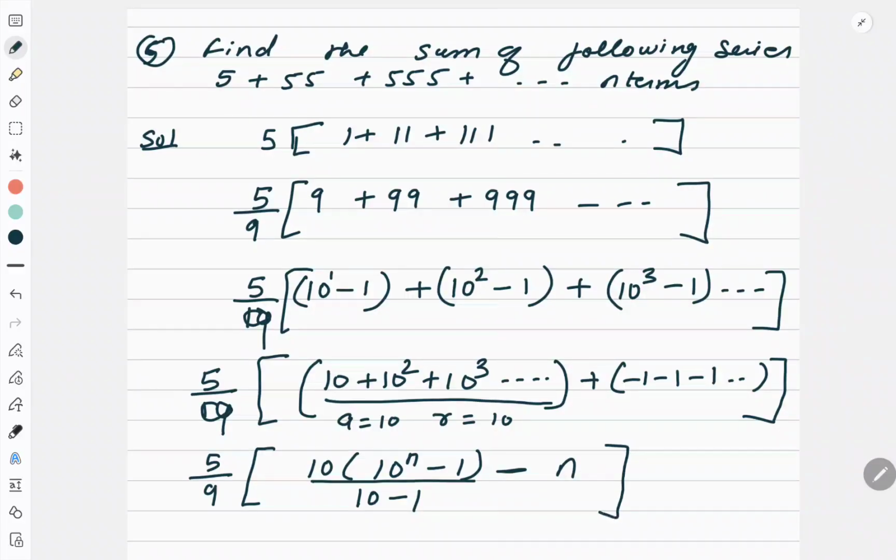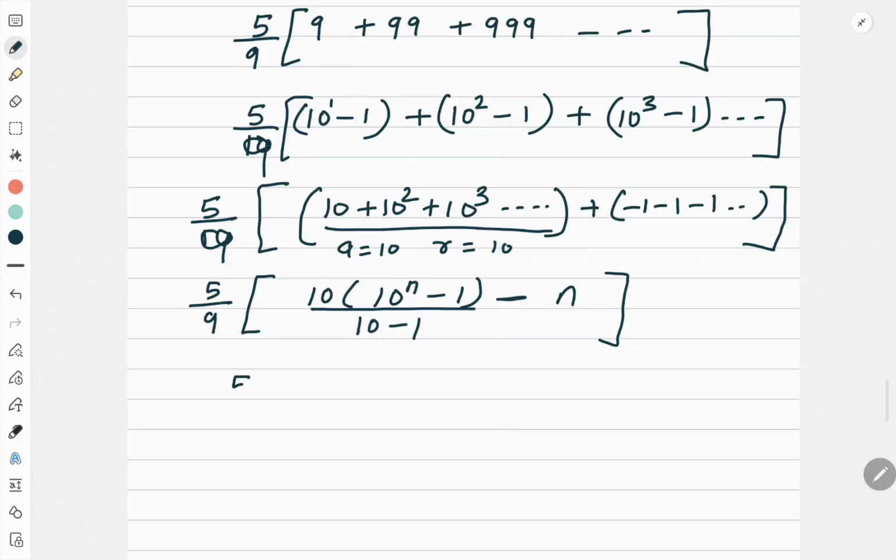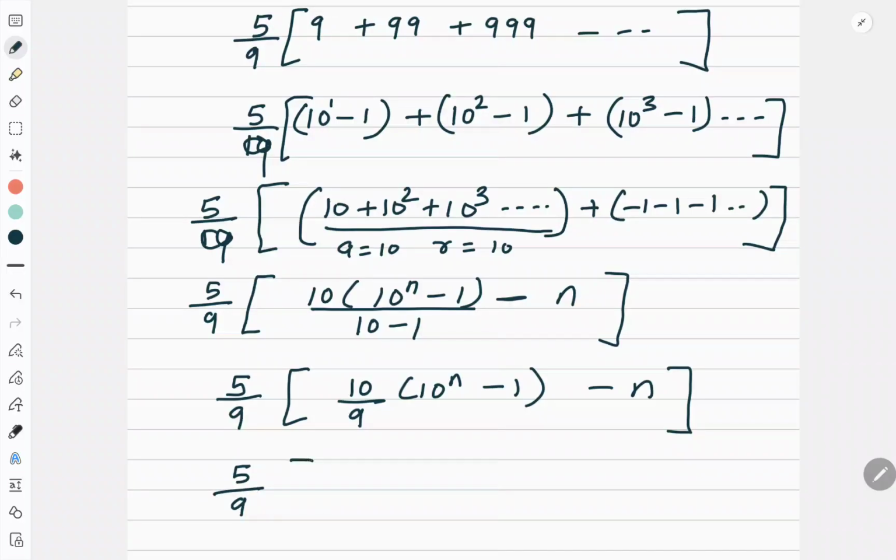Correct? Now, next step. 5 by 9 is sitting outside peacefully. 10 by 9, (10 to the power n minus 1) minus n. Correct? Now, I actually got the answer, but I am just trying to simplify it a little bit more.